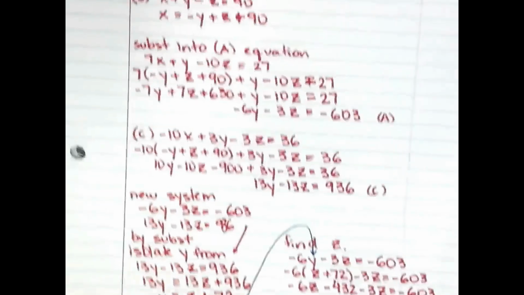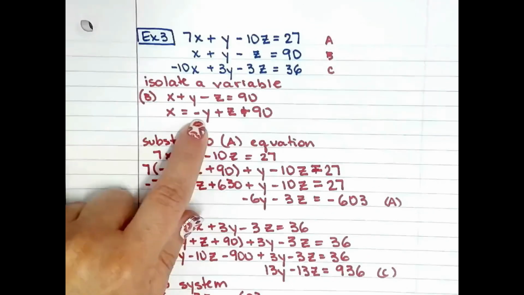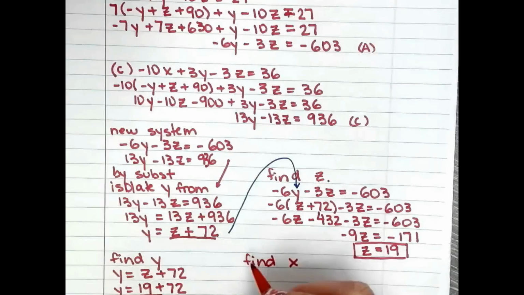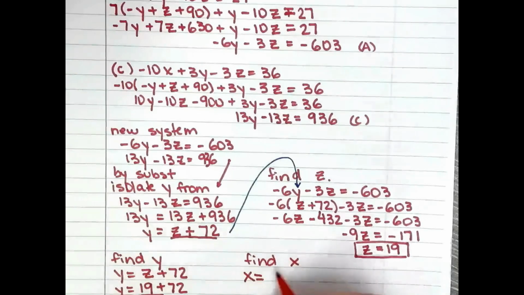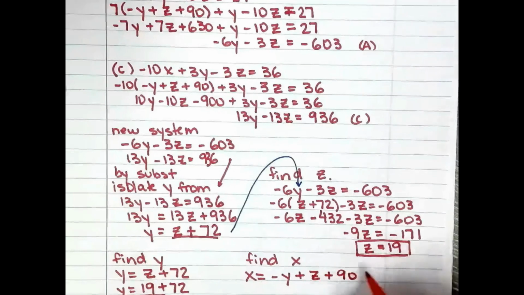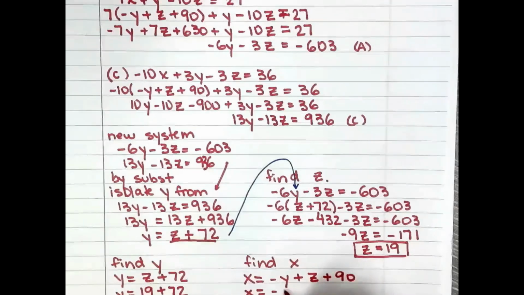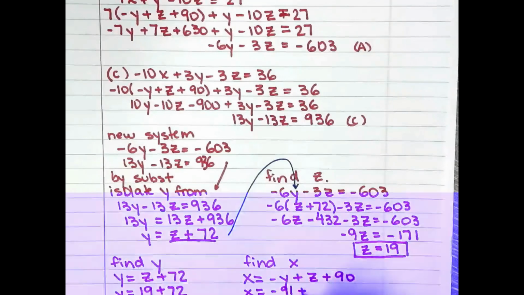X is already by itself right there from the very beginning. So trust yourself and use that equation that is already solved for. x equals negative y plus z plus 90. I know you want to give up. Hang on. We're almost done. Plus z is 19 plus 90.